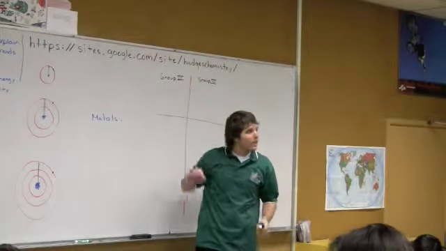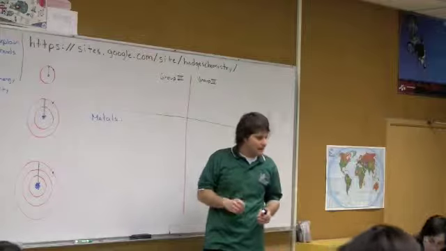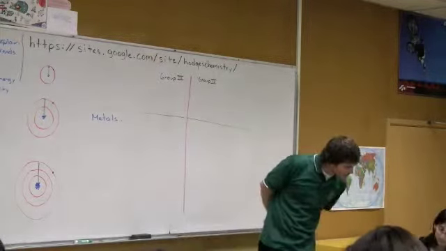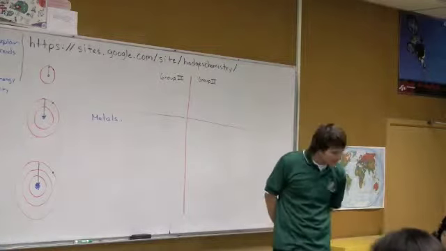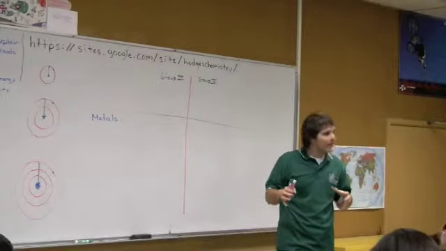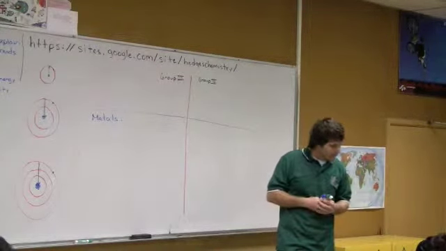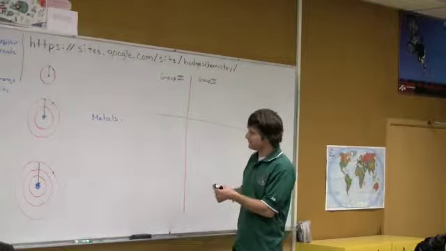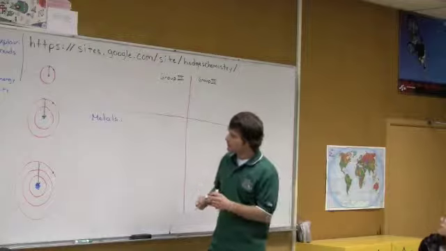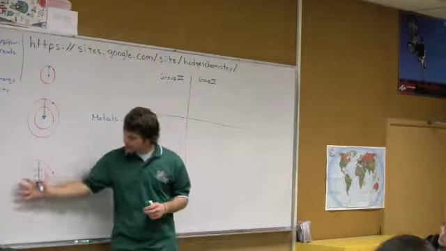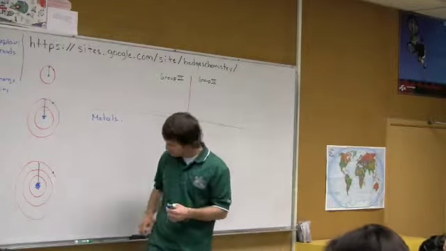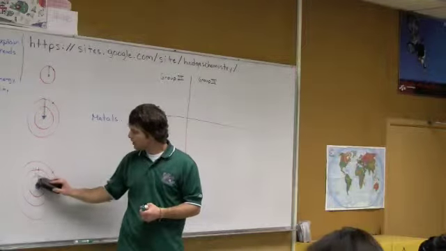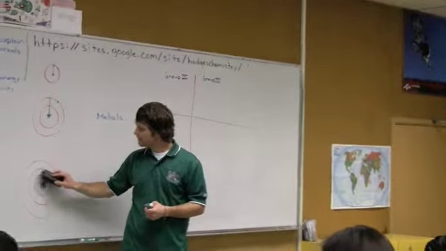What typically happens with metals is, if you look at an example of sodium: sodium with a certain size, and then the sodium ion with a smaller size.